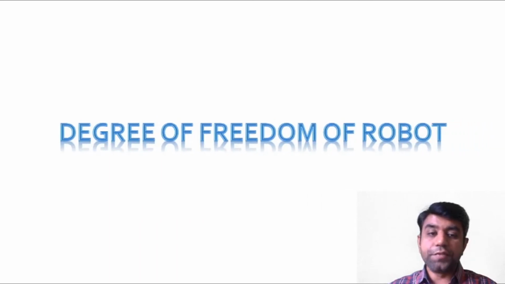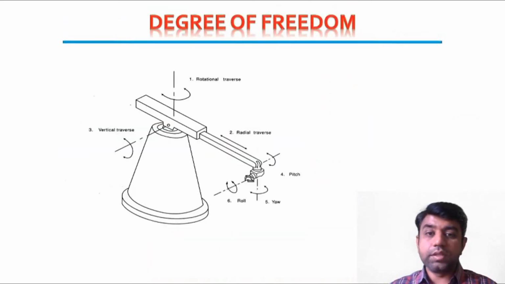Coming to the degrees of freedom of the robot, we normally have 6 degrees of freedom, right? The first one is rotational traverse, that is, if the manipulator rotates around the center pillar axis through 360 degrees, it is called rotational traverse. Then we have vertical traverse, right?